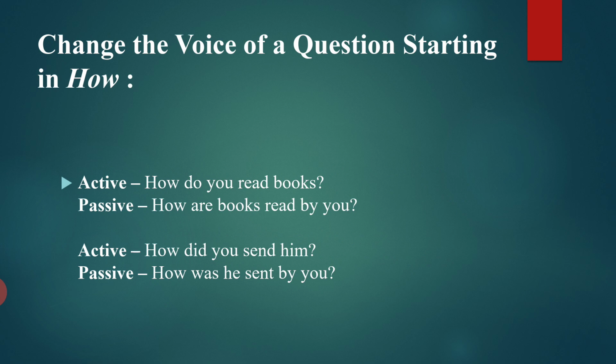The similar formula also applies in this kind of question. How do you read books? How are books read by you? How did you send him? How was he sent by you?